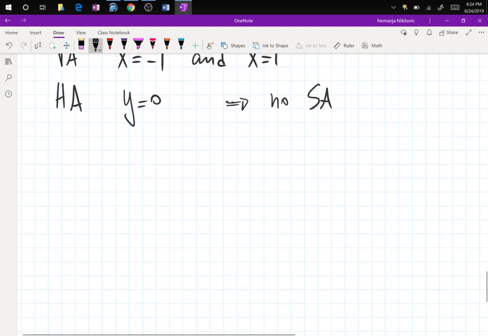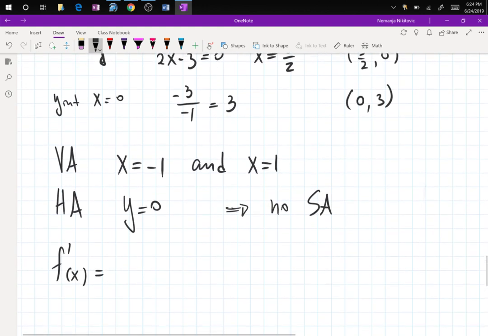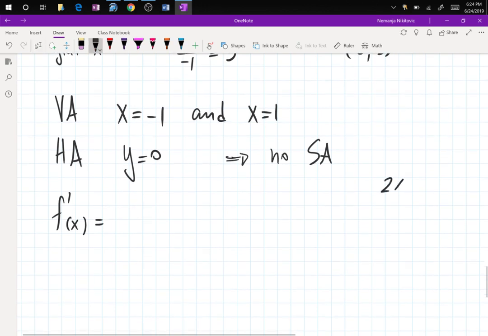It's time for the first derivative of our function. Now, our function was what? 2x minus 3 over x squared minus 1. I just use the quotient rule for this. Exactly.